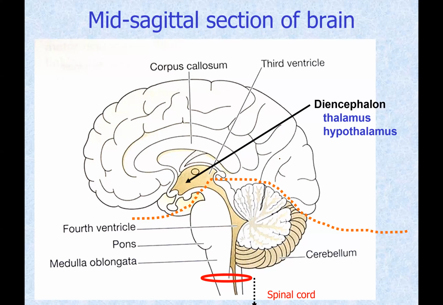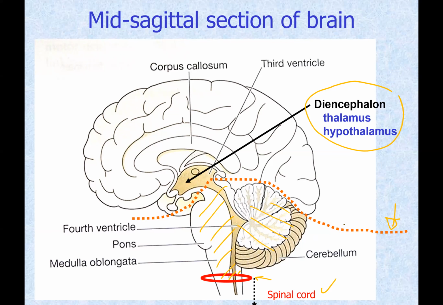Here, this whole area is the cerebral hemisphere, and between the two cerebral hemispheres, this area is called the diencephalon, which is in the center. Now below this orange colored line, you get the brain stem here. This is the brain stem up to the foramen magnum. Below that you get the spinal cord. Then behind the brain stem you get the cerebellum.